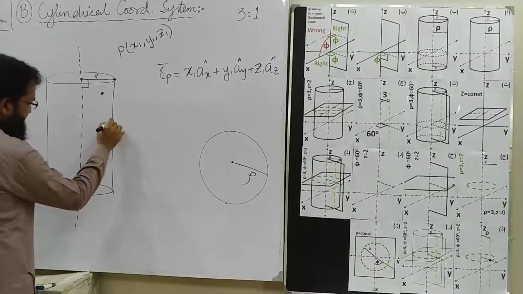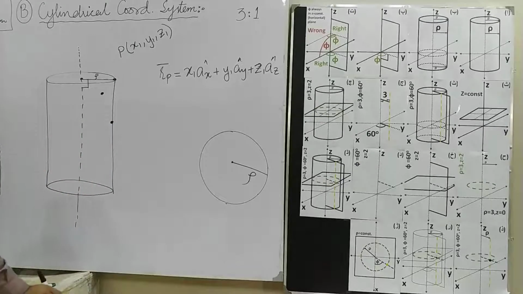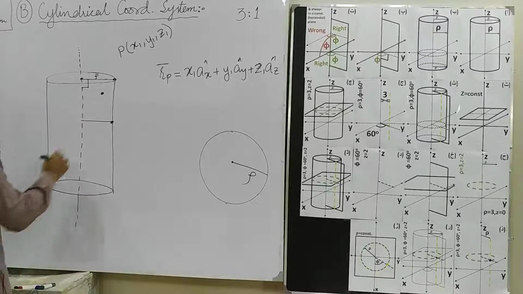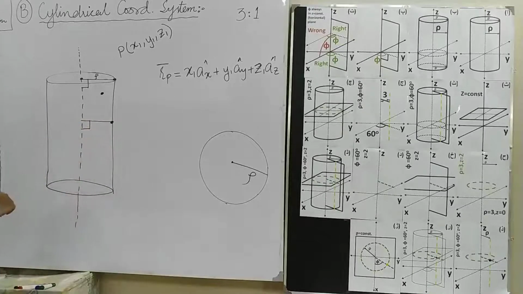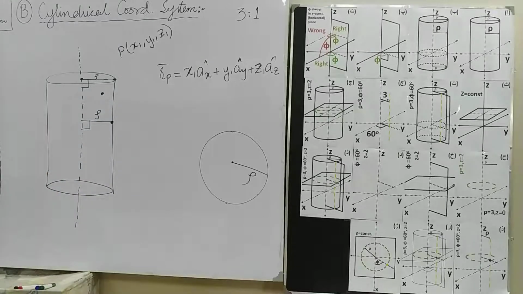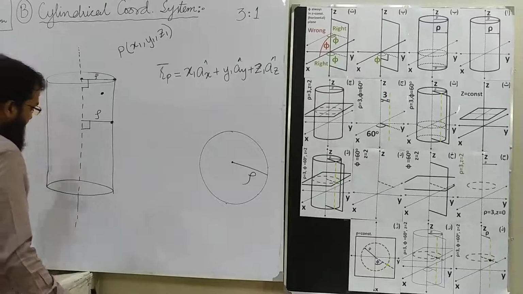If I am at this point and I want to measure the radius of the cylinder, I must drop a perpendicular on the central axis and then measure the length of this perpendicular, and that length of that perpendicular is the radius.